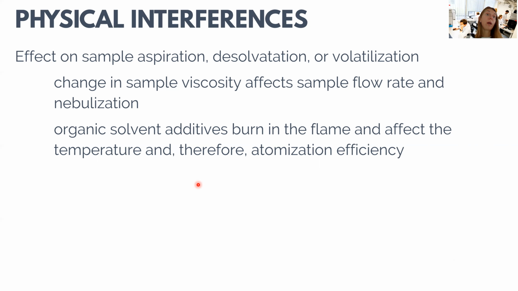Also, for example, if our standards are neat water solutions, but our samples contain organic solvents, then these organic solvents burn in the flame, and by this process they also affect the temperature of the flame. And of course, temperature is affecting the atomization efficiency as well as the excited state to ground state ratio. So if we have this fluctuation in the temperature due to the sample content, then we also have differences in the atomization efficiency for the samples.